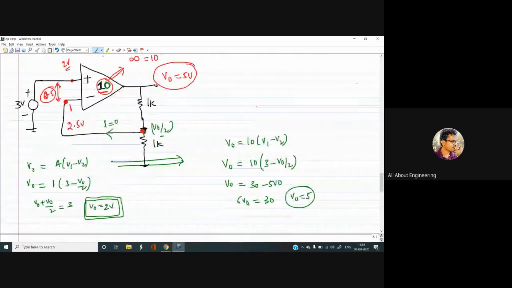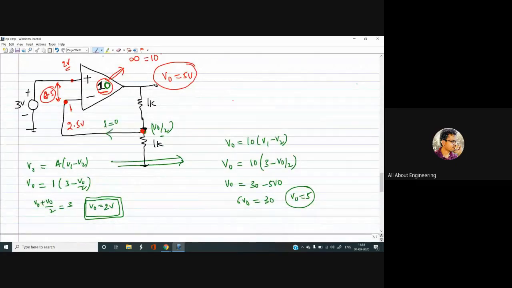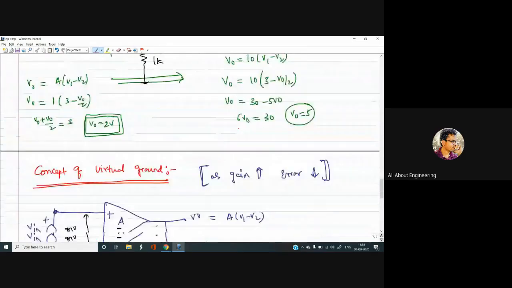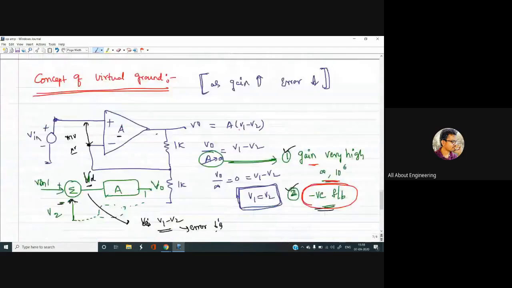Then we concluded with a statement that if the gain of the amplifier is increasing, then the differential input, or the error between the two inputs of the op amp, is reducing. We discussed that using two examples, taking gain as 1 and gain as 10. Then I explained the concept of virtual ground.